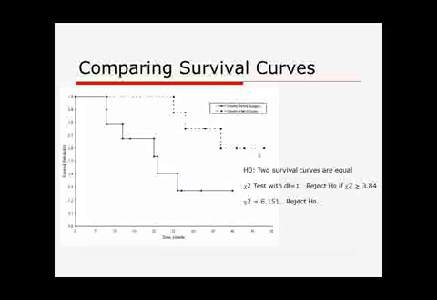So you can see that those who got chemo after surgery have better survival. Their survival curve is much higher and up to the top, whereas people who got the chemo before surgery, their survival declines more sharply.